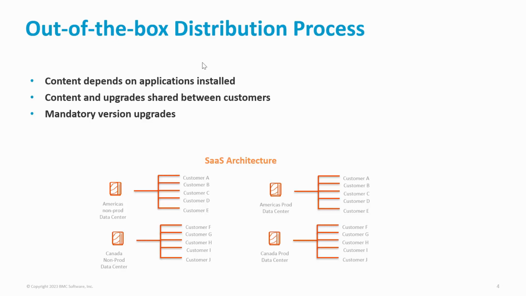Another very good point to explain is that all the content and outbreaks are shared between customers. What does this mean? At BMC we have the products installed on data centers. For example, we can have the Americas non-prod data center, and we have, for example, 5 customers in there. If we push an outbreak to the Americas non-prod data center, all of our customers will be upgraded.